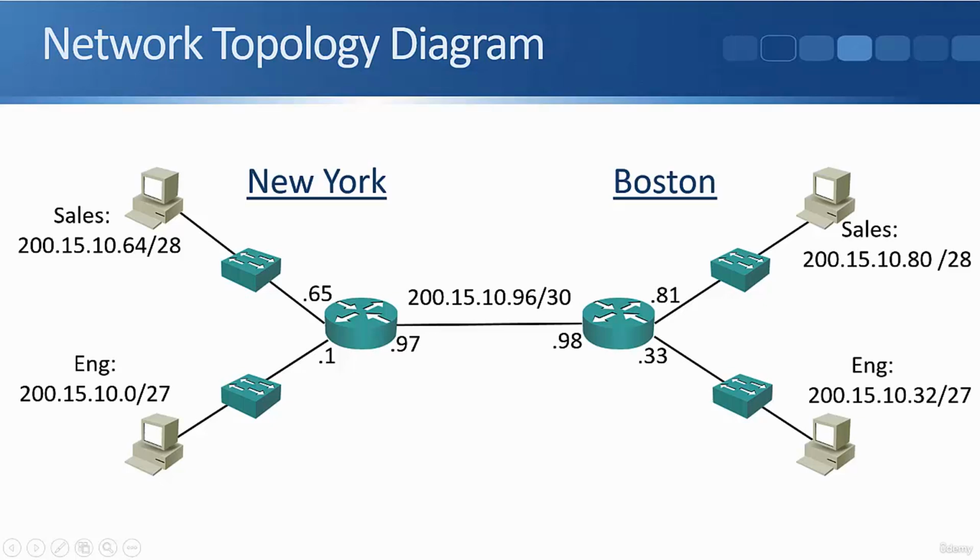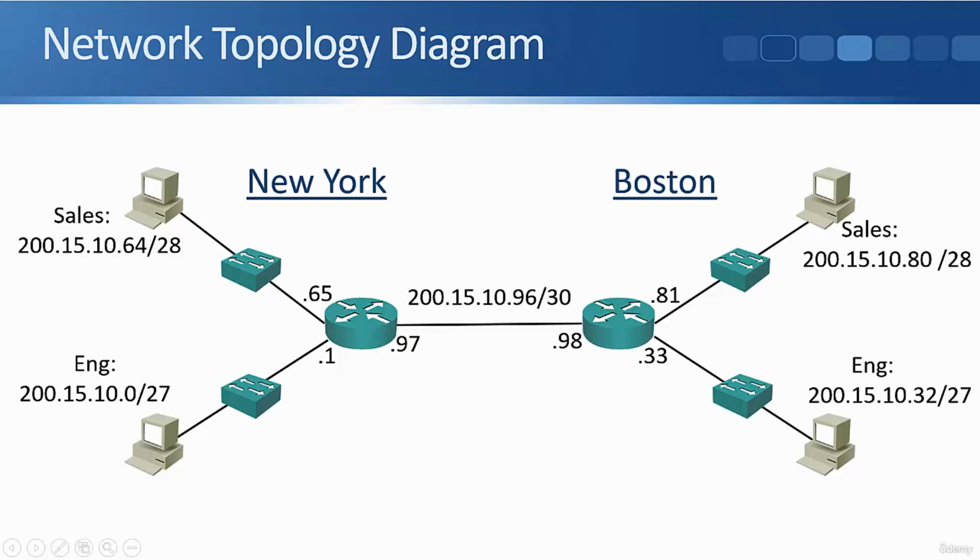I've then got my sales department in New York, 200.15.10.64/28, and sales in Boston was 200.15.10.80/28. And the subnet I used for my point-to-point link, 200.15.10.96/30.